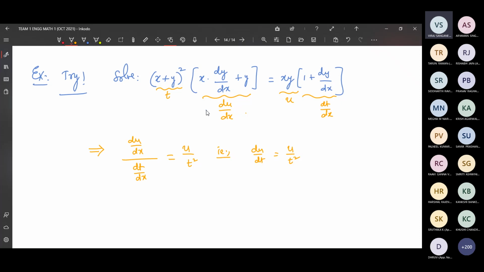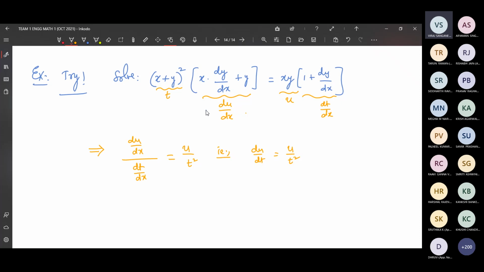So what is happening here is, first you take t as x plus y, so that dt by dx is on the right hand side. Next you take u as xy, so du by dx is on the left hand side, and du by dx by dt by dx is the same as du by dt, which is equal to u by t square. Then this is a separable form.